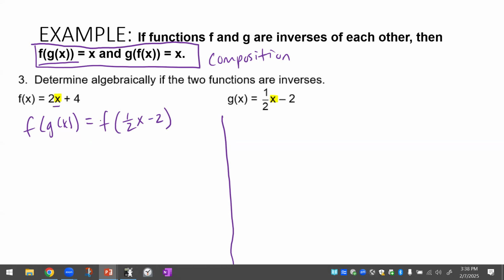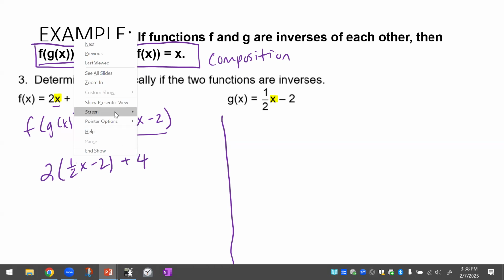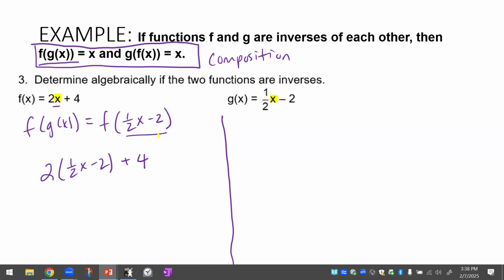So wherever there is an x, it now becomes 1/2 x minus 2. So we get 2 parentheses 1/2 x minus 2 plus 4. So again, I replace all my x's with 1/2 x minus 2 because that's what g of x equals.